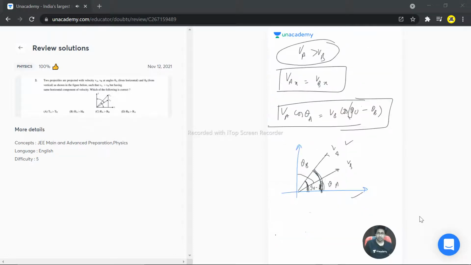In the question it is given that velocity VA is greater than VB.